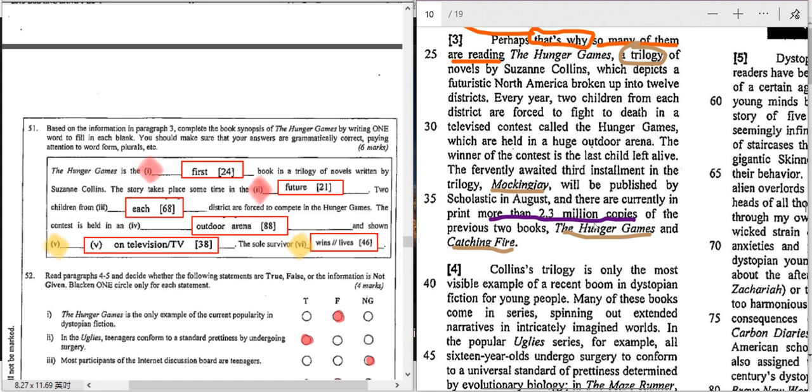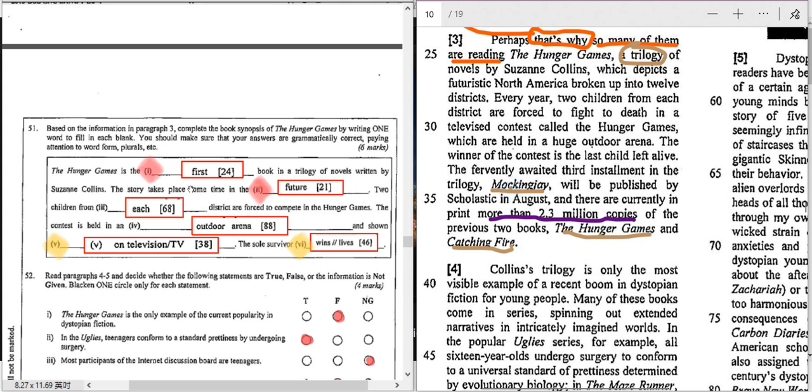So Hunger Games is the name for the whole series, but it's also the title for the first book. Going back there, the Hunger Games is which book in the trilogy, so it must be the first one. 1, 2, 3.